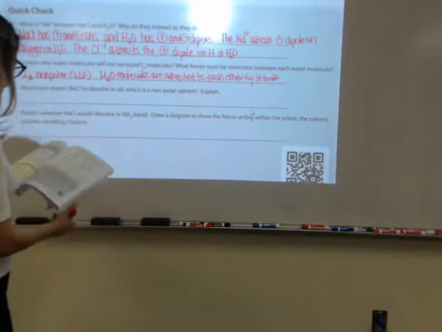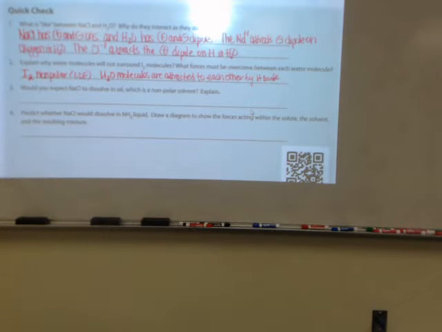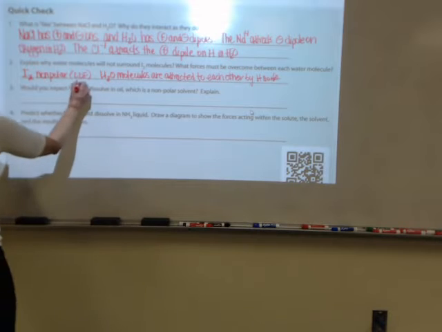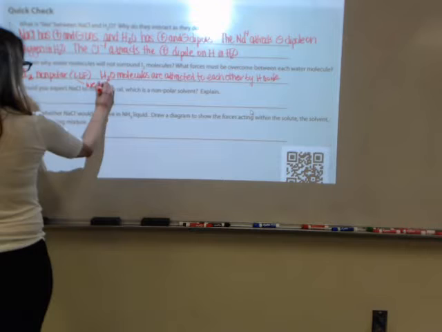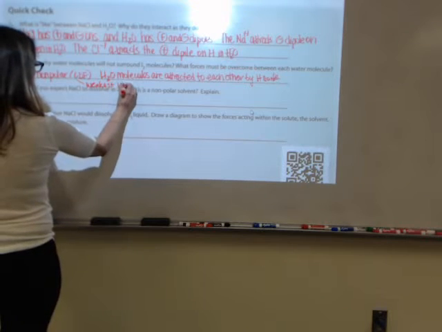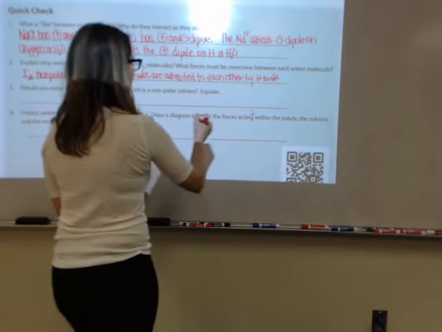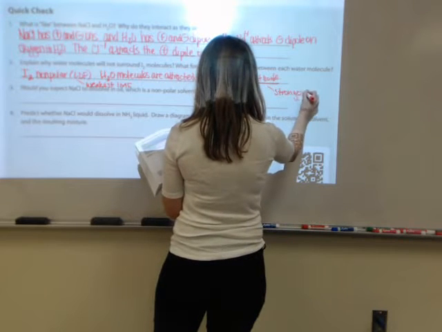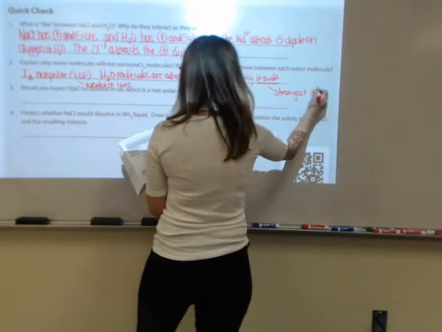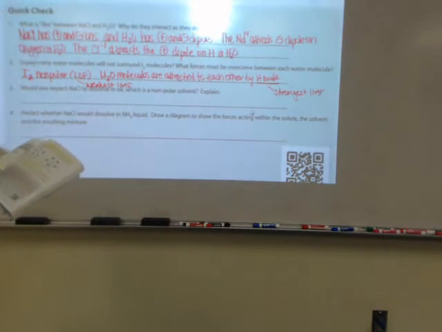So the iodine molecules can't overcome the attraction between the water molecules because London dispersion forces are the weakest of the intermolecular forces, whereas hydrogen bonds are the strongest. So there is no way that iodine molecules can overcome the hydrogen bonding between water molecules and then get in between them.